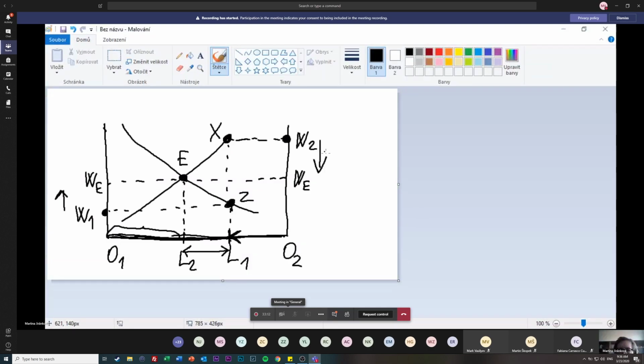The second country is also at the point E. It has O2, L2 employees, and they have the wage O2, WE.